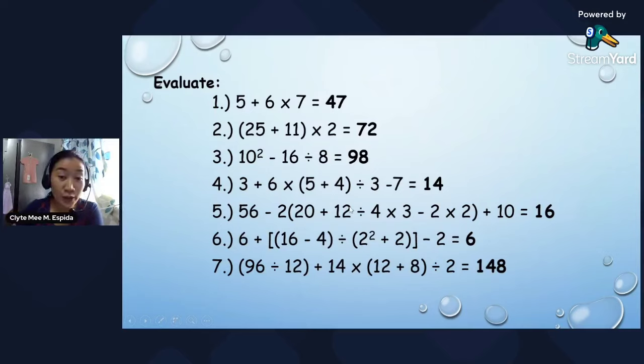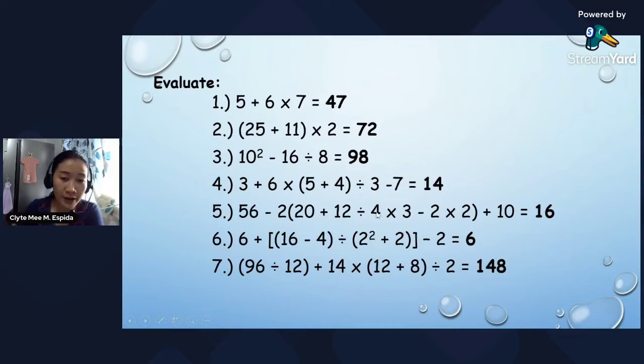So your new equation would be, yung nasa loob lang po ng parenthesis, 20 plus 9 minus 4. So 20 plus 9, that's 29, minus 4, that's 25. Next, we have here number 2 outside, that means multiplication.